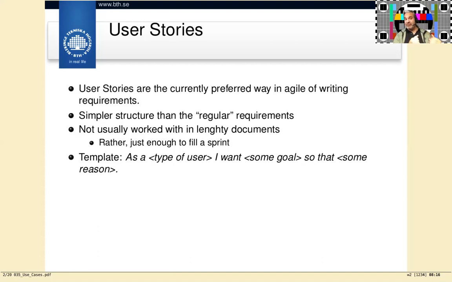That means also that you have different levels of clarity. So the requirements that are at the top of this pile, they are clear and specific. They are detailed enough so that you can start working on them, whereas the user stories at the bottom of the pile, they can be vague. They can be very unspecified in some sense, like we want to enter the Chinese market or something like that.